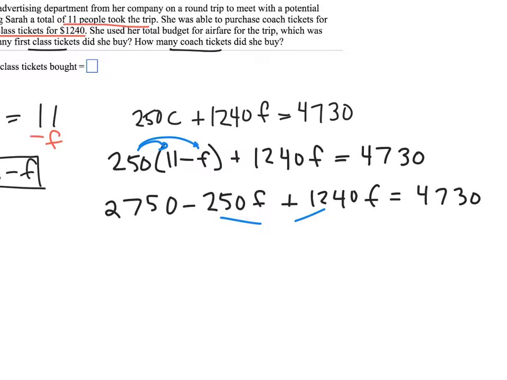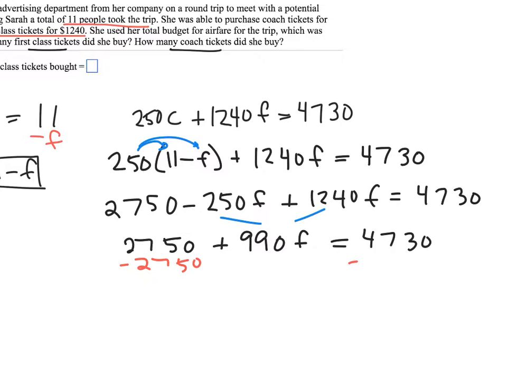And a quick way to do that is going to be 1,240 minus 250. And that gives us a positive 990F. And that's 2,750 equals 4,730. And now we're going to subtract 2,750 from both sides.